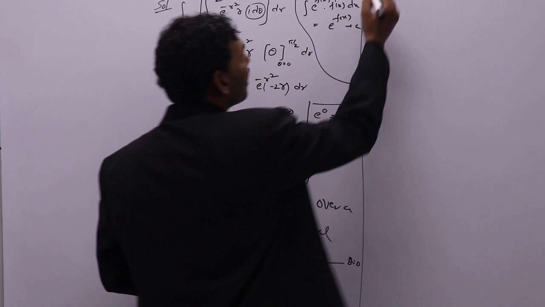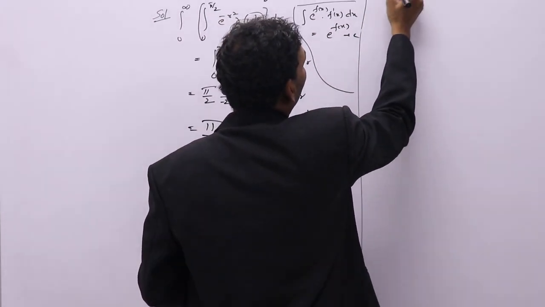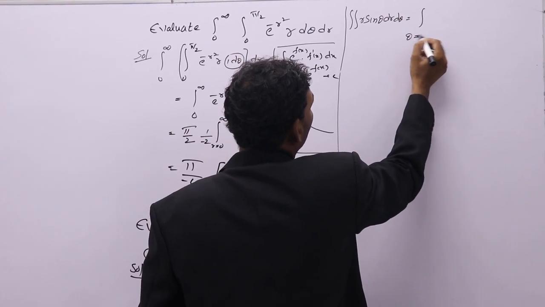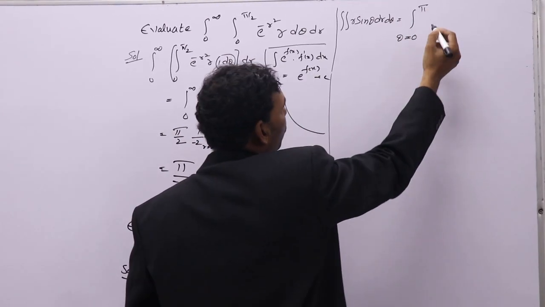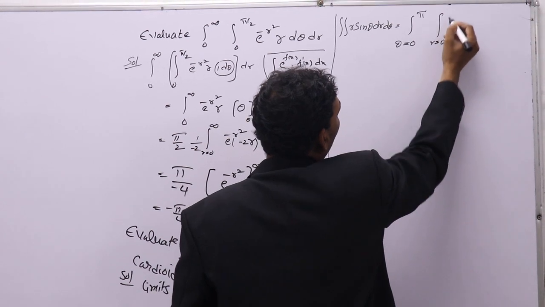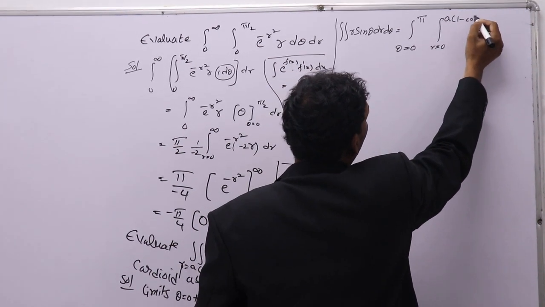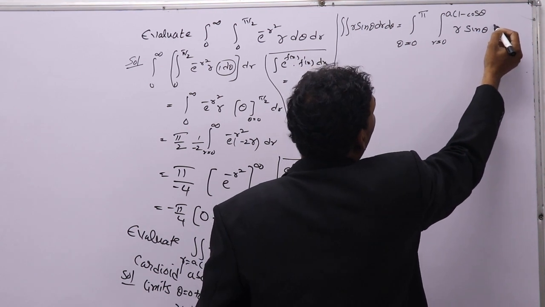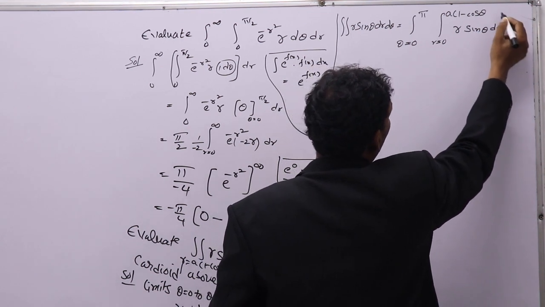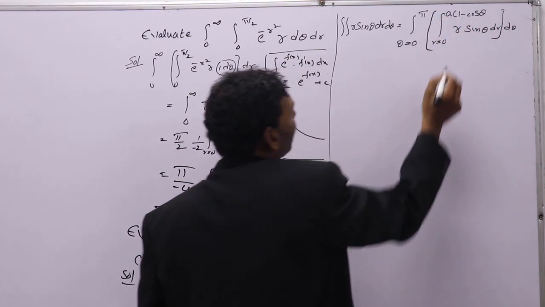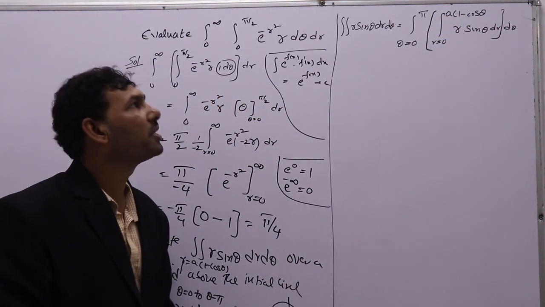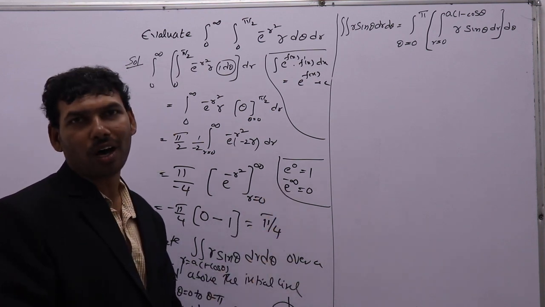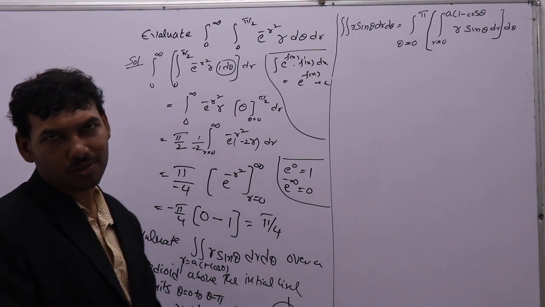That is, the double integral equals integral theta equal to 0 to pi, integral r equal to 0 to a into 1 minus cos theta, r sin theta dr d theta. Because r limits are in terms of theta, first we need to integrate with respect to r, and at the end with respect to theta.